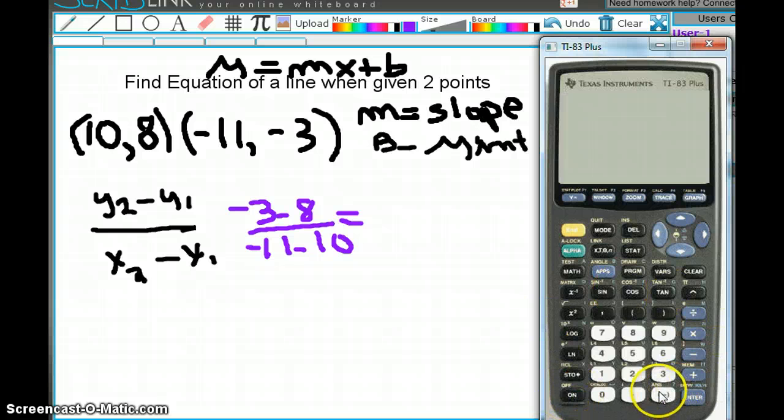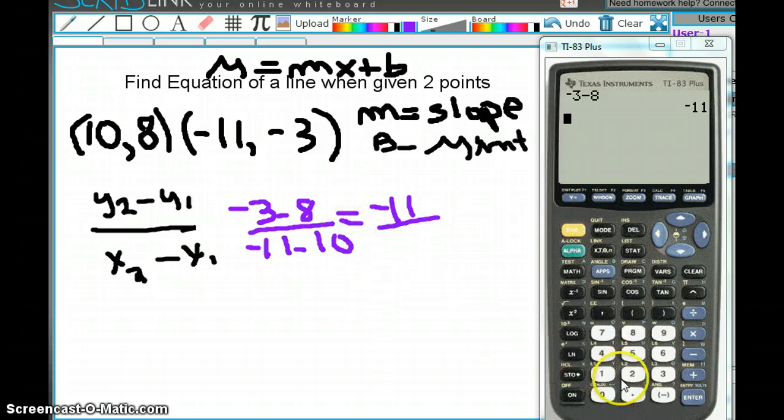So if you have a negative 3 minus, make sure you use that minus sign, your 8, you're going to get negative 11. And the bottom, if you have a negative 11, make sure you use the negative sign, minus subtraction sign, 10, will give you negative 21. Now that is our m. This is our m here.